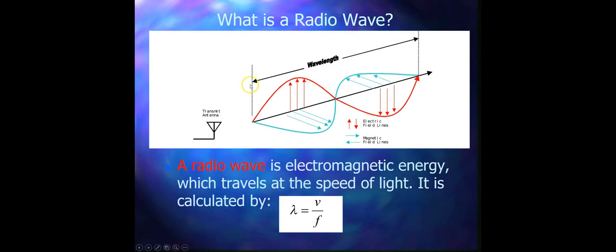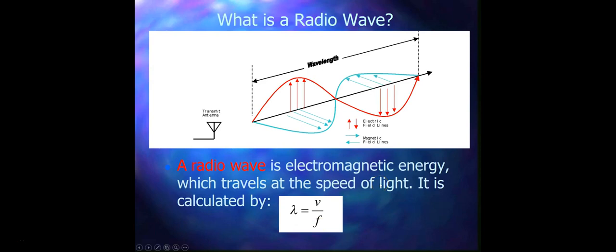Wavelength refers to the distance a radio wave travels in one cycle. So here you can see how the wavelength has been represented, and it can be given by this formula: lambda equals V by F, where lambda represents the wavelength, V is the speed of light and F stands for frequency.